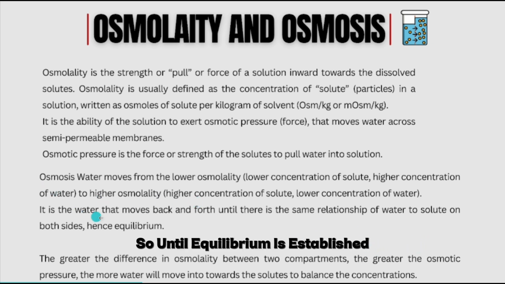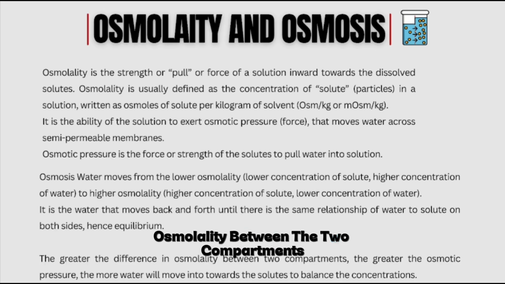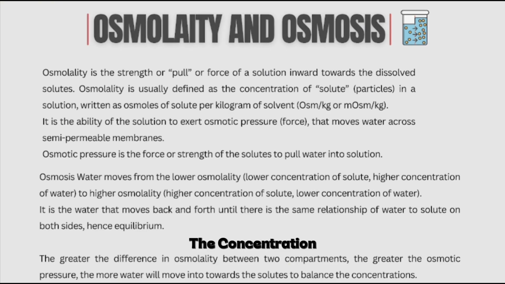So until equilibrium is established. The greater the difference in osmolality between the two compartments, the greater is the osmotic pressure, and the water will move towards the solutes to balance the concentration.